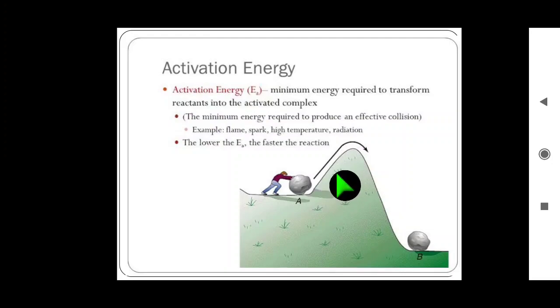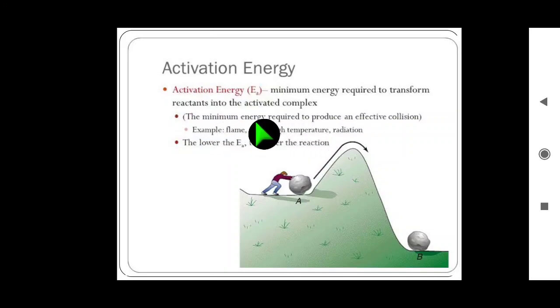That is called activation energy. That is the minimum. The reactant is A and the product is B. For getting the product, this much distance alone we have to spend energy. That is called activation energy.